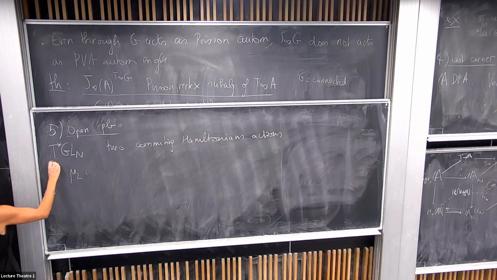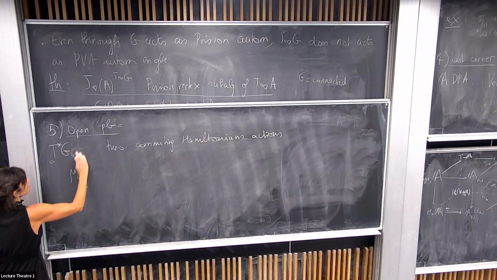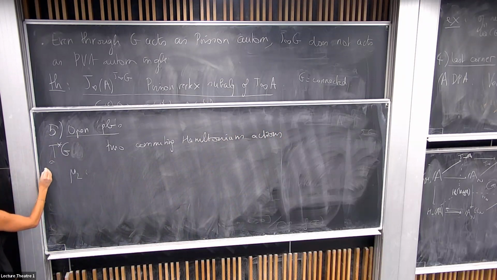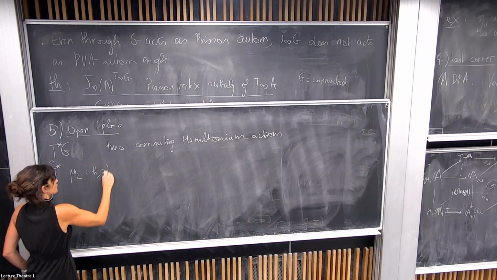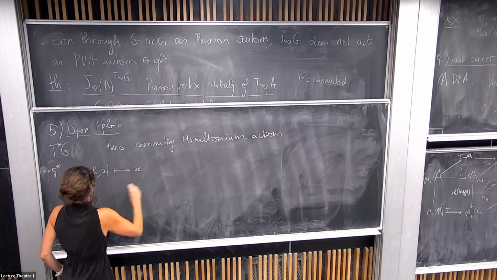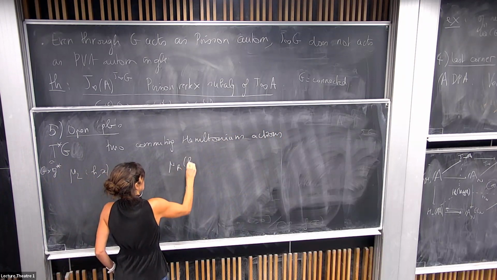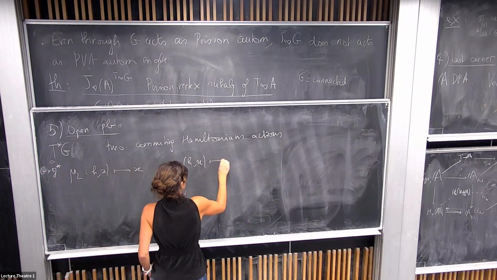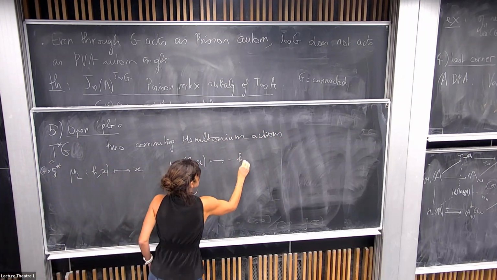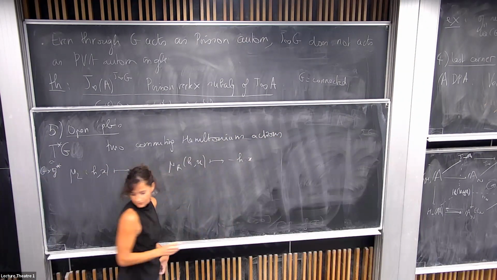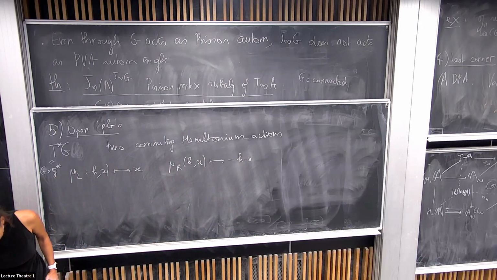So here, if you identify, maybe I just write G for the moment because I don't need it to be GL_N. Here it's just a projection for the first action, and here maybe I have a sign minus. So this is a Hamiltonian action of H on X.